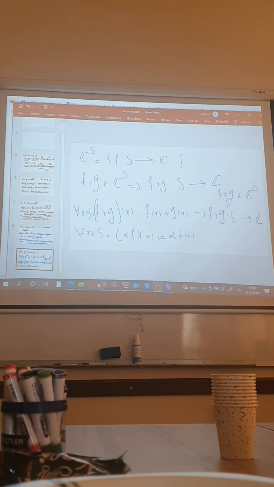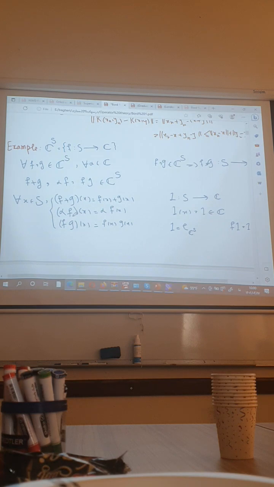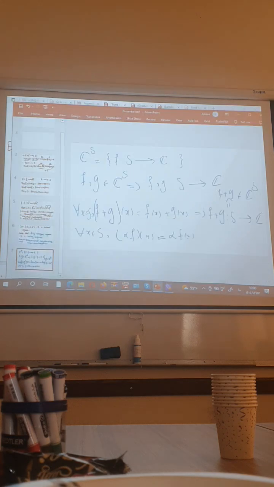Please note that this alpha is a complex number, okay? Alpha f is defined by this function rule. It is very trivial that this is a complex number again, because alpha is a complex number and f of x is a complex number. So alpha f is an element of C^S.